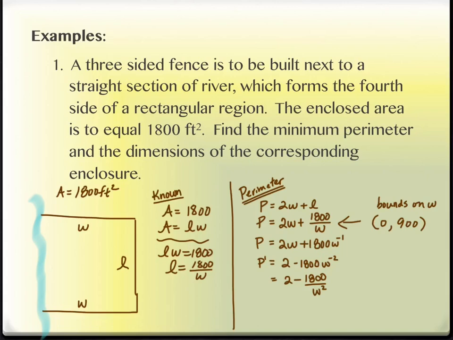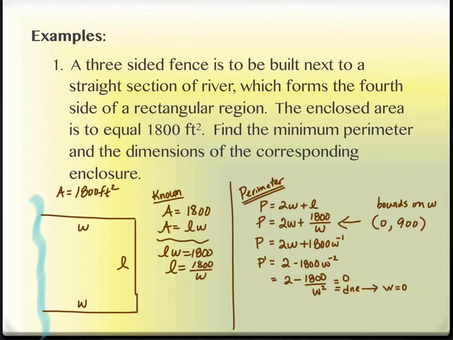And one way or another, I'm going to have to figure out where this does not exist and where it's 0. Let me do the does not exist right now because it's the easy one. Where does this does not exist? Yeah, at x equal to 0, or not x, W equal to 0, but the reality is that we talked about before that W really can't actually equal 0 anyway, or I would have no area. So that is kind of irrelevant.